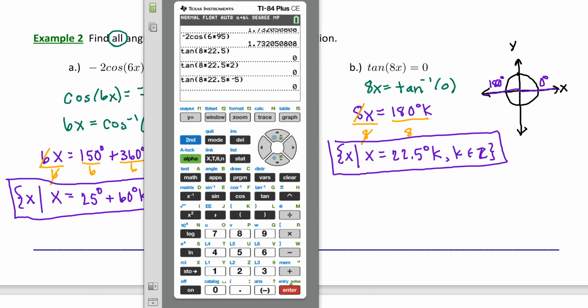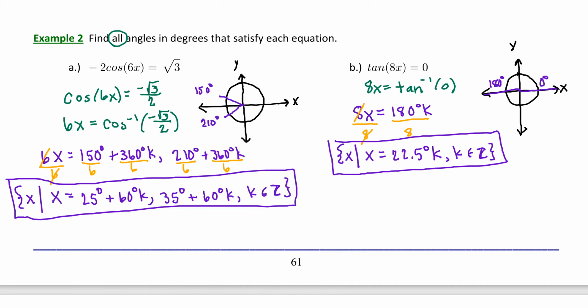That one works as well. So again, please remember that you've got to be patient, find all possible solutions, and then at your very last step, divide through to isolate the variable. And also, don't forget as you do that to divide expressions such as 2 pi k or 360k by that constant as well.